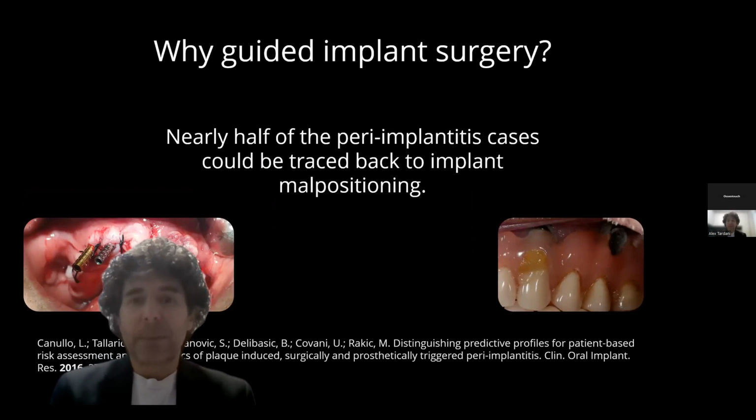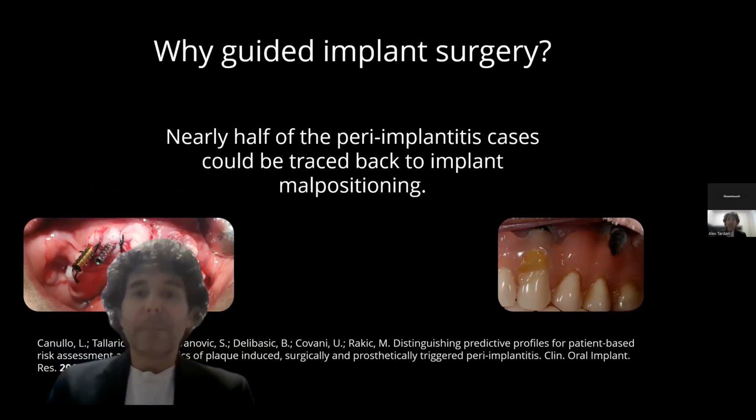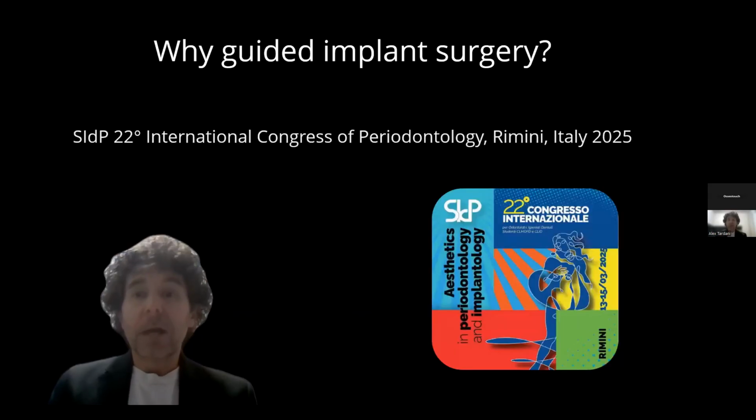Because in the majority of cases, almost half of peri-implantitis cases are linked to an implant that was not positioned correctly. So half is a high number, but above all, we need to realize something else. How many implants are malpositioned? To understand the real importance of this figure, we need to consider another figure.